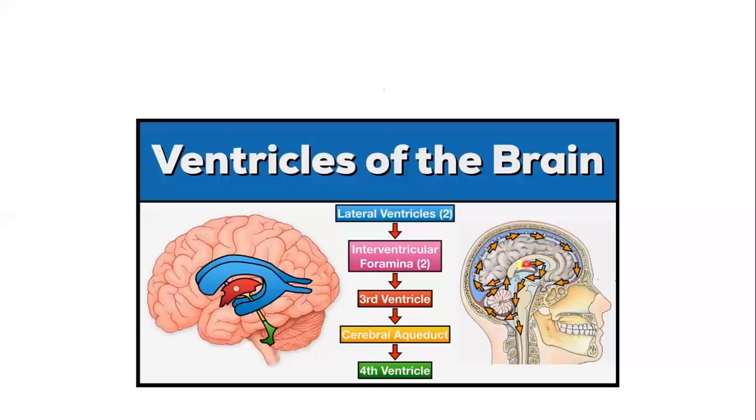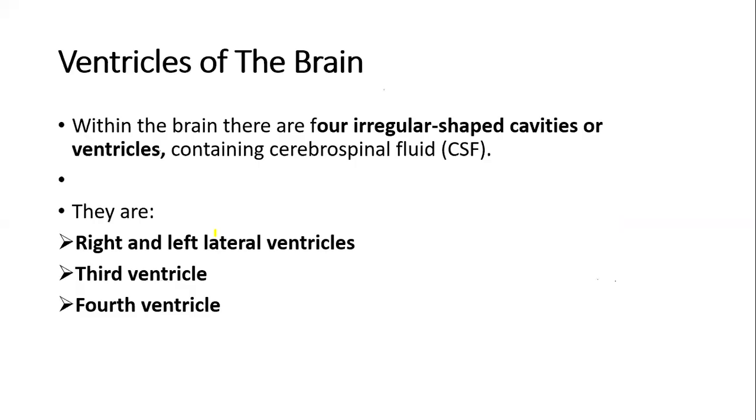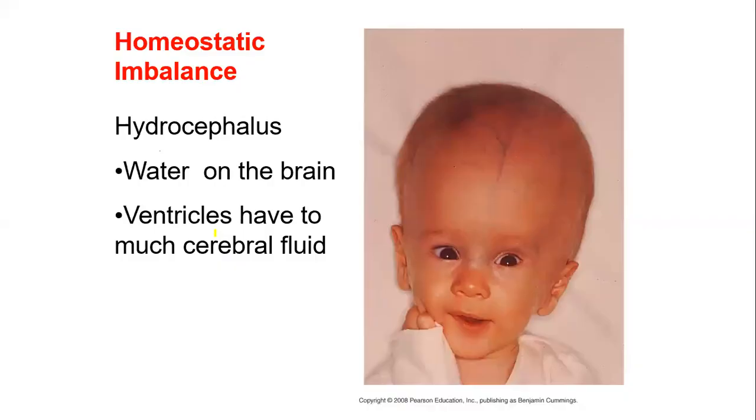It moves from this part, goes that way, and gets out of the brain. So this is for the cerebral cavities, containing the right and left ventricles, third ventricle, and fourth ventricle.